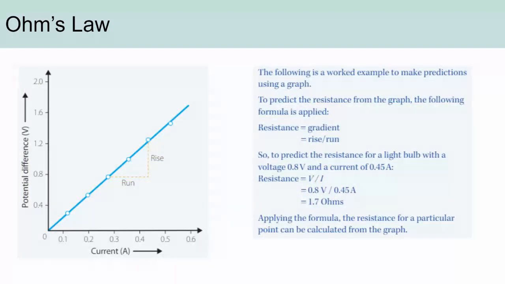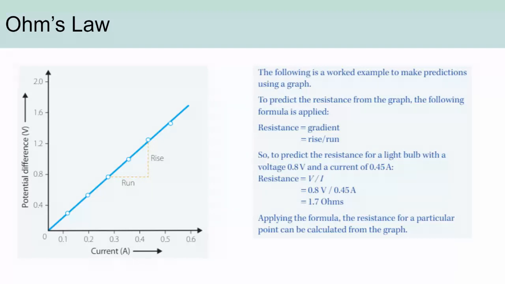We can use Ohm's law here as an example of how we can make a prediction. Looking at the current on the x-axis and the potential difference, or voltage, on the y-axis, if we use the gradient, we can predict the resistance of a light bulb with a voltage of 0.8 and a current of 0.45.